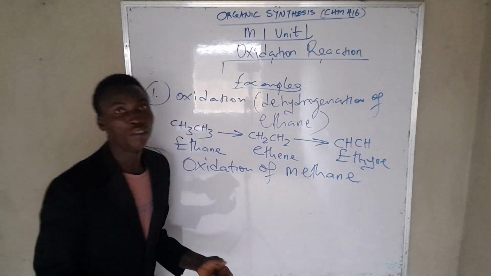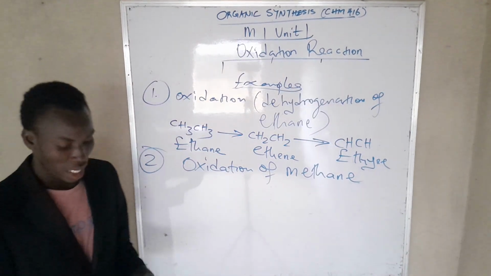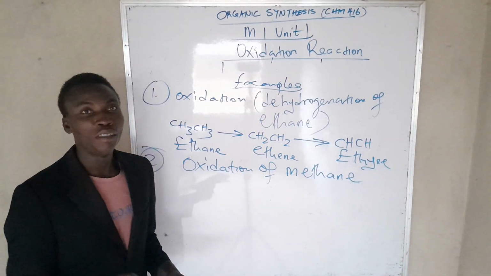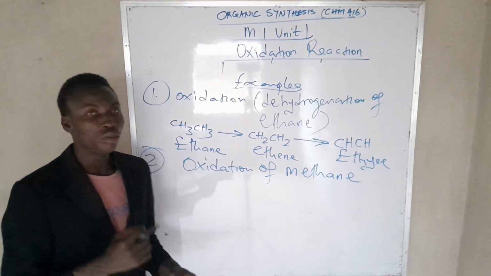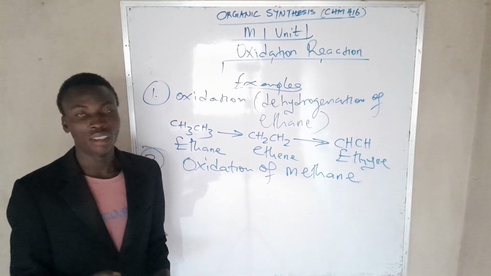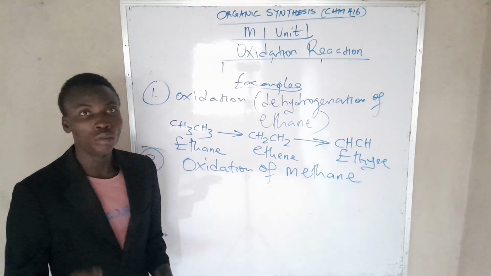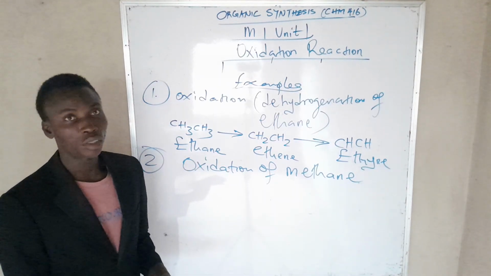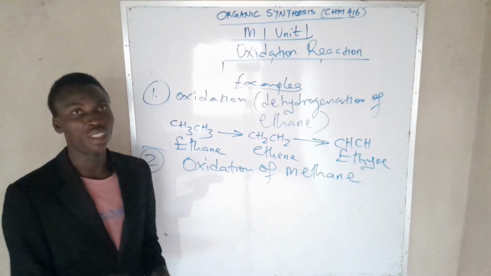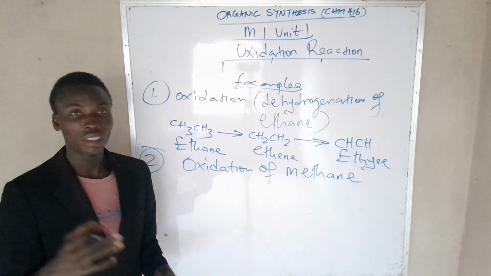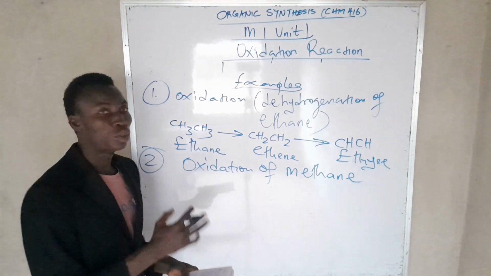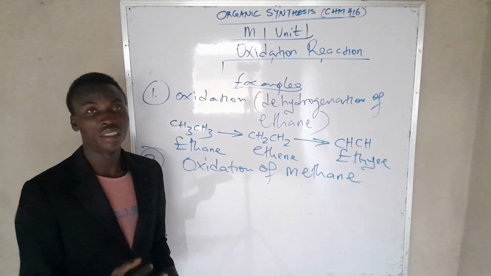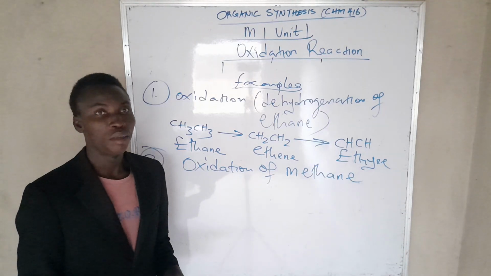Under the oxidation of methane, the methane continues to lose hydrogen to carbon atom, to oxygen atom, and so it continues to change from one form to another as the oxidation process continues to take place.